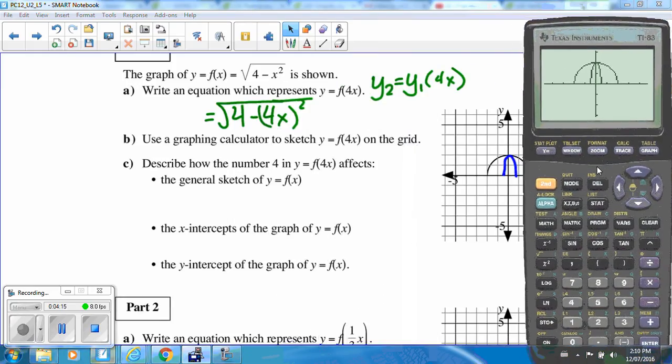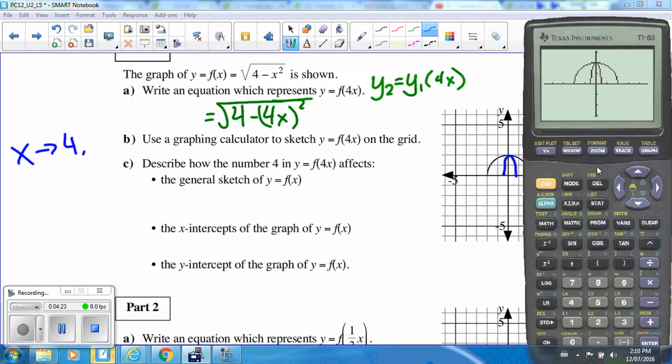Now, that's kind of tricky, but if we think about it in the same form that the other one was, I'm replacing x with 4x, or I could say x is being replaced by x over 1/4. Those are identical to each other, and now you can see this is my stretch. So it's stretched by a factor of 1/4.